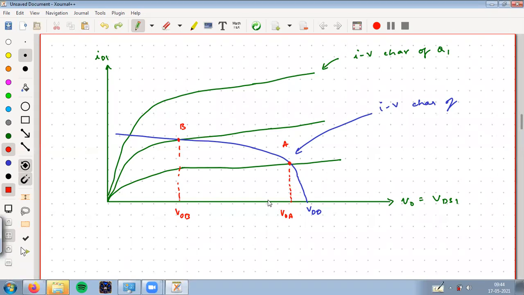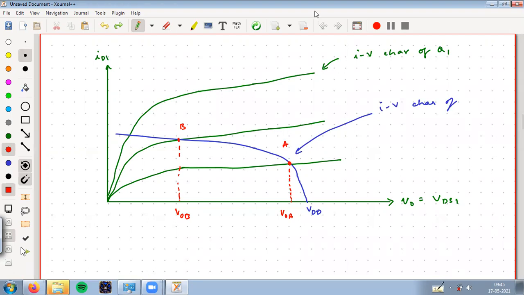Now, the region between point A and point B is when both the transistors Q1 and Q2 are in saturation. From point A onwards, the saturation region starts for transistor Q1. Before point A, it is triode region for Q2.